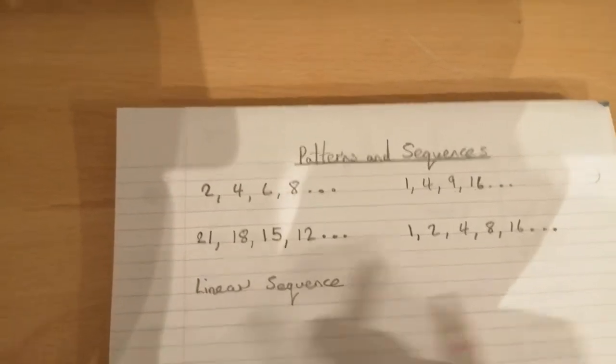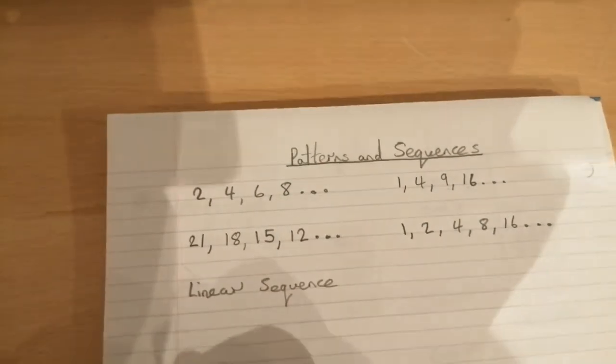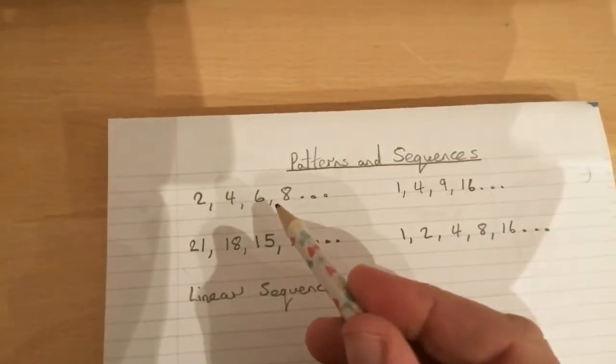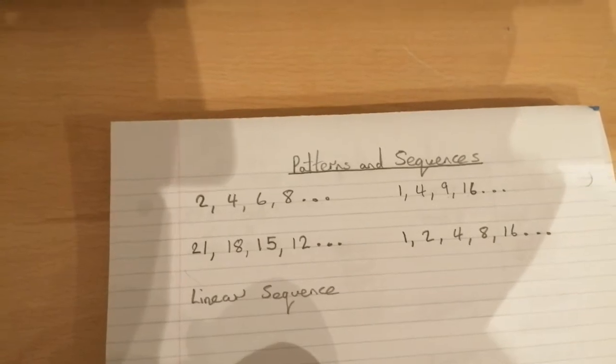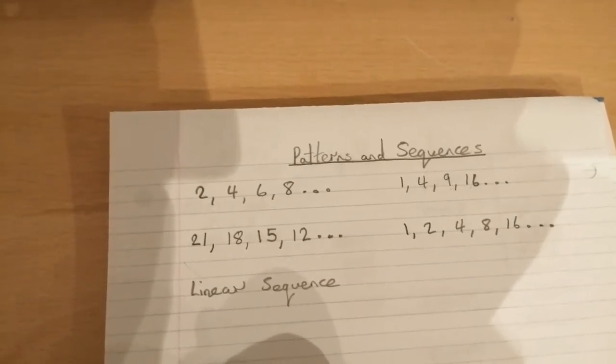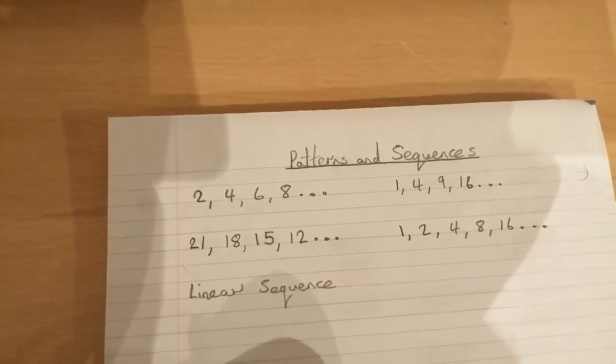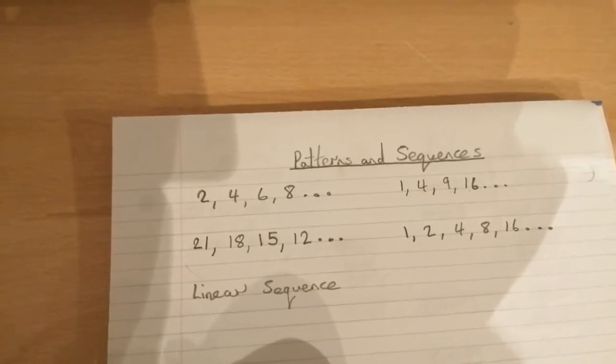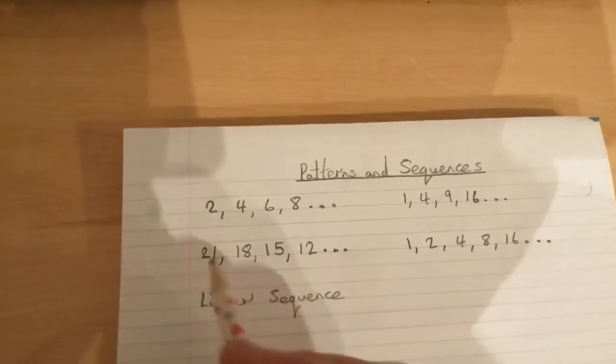Now, there are 2 linear sequences from this example of 4 up here, and it's this one and this one. They're both linear sequences. And linear sequences are basically sequences that go up or down by a set number each time to get from one number to the next.